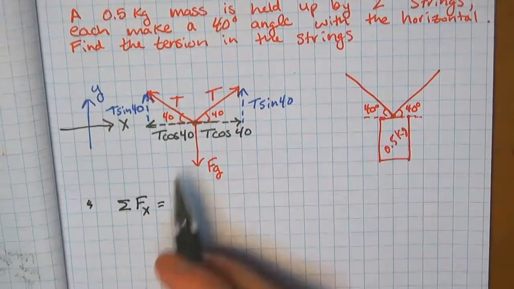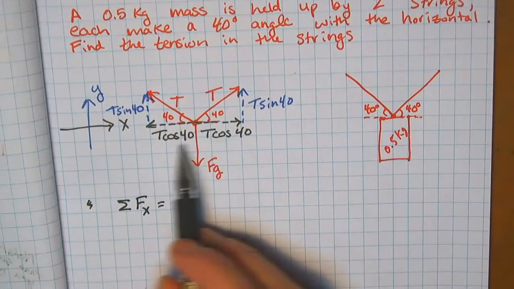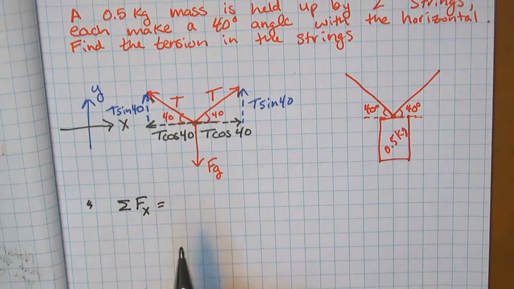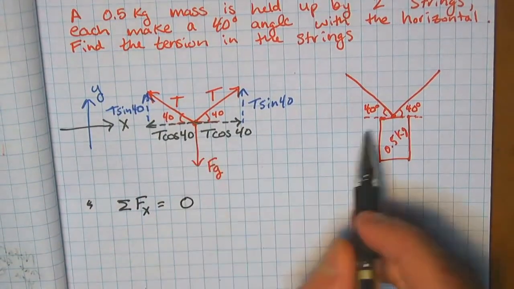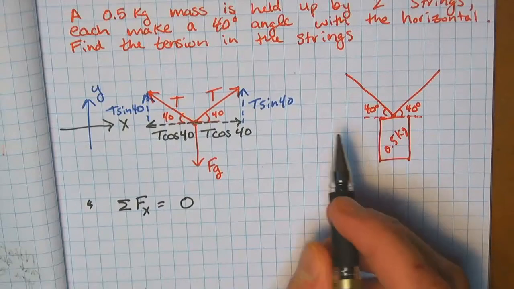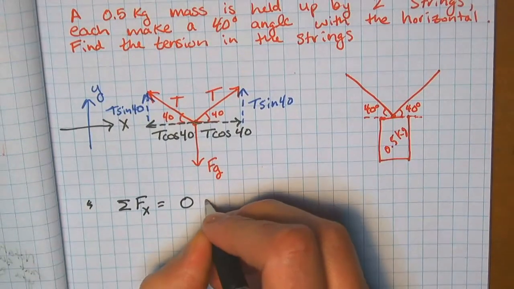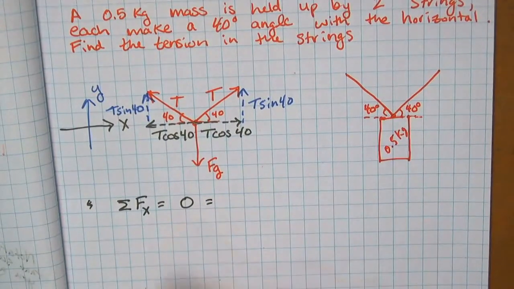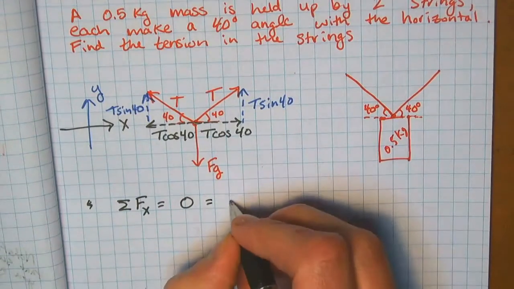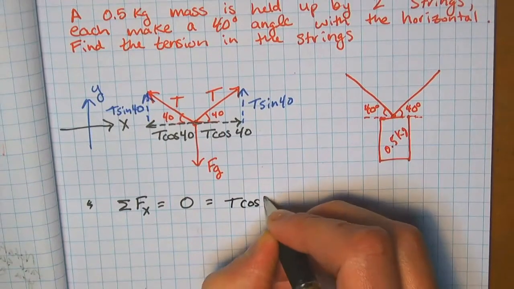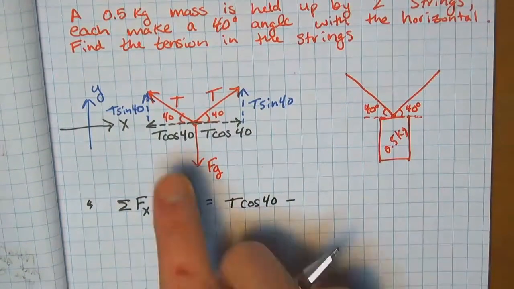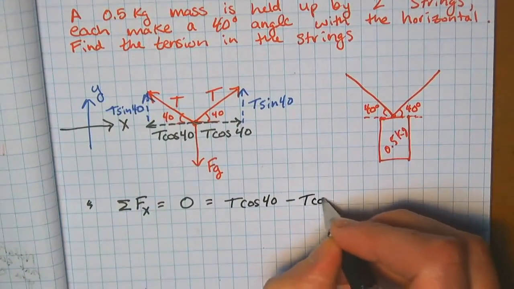When we do that, we know that in the horizontal direction, we are going to have a net force of 0. The reason we know that is because this object is not accelerating side to side. In fact, it's not even moving side to side. So we know it's got to have balanced forces. So then forces to the right, T cosine 40, minus forces to the left, T cosine 40.